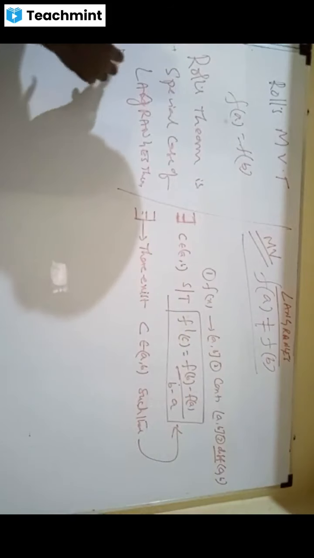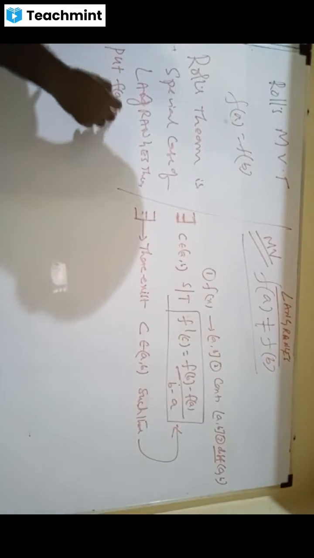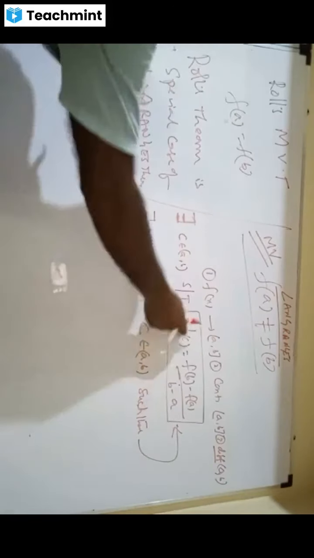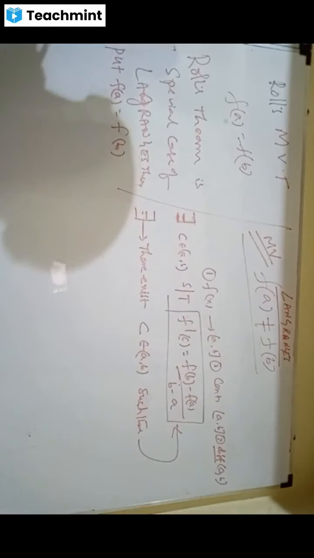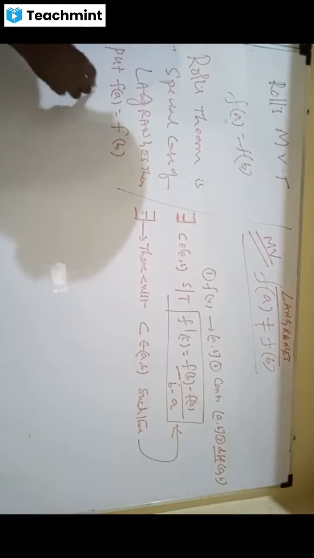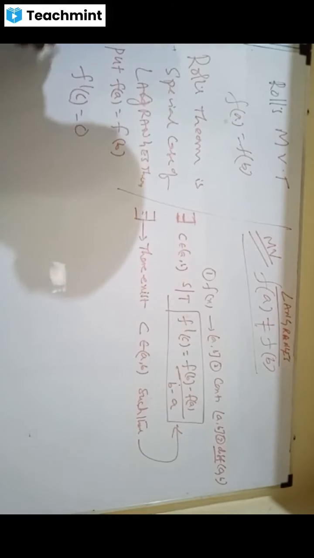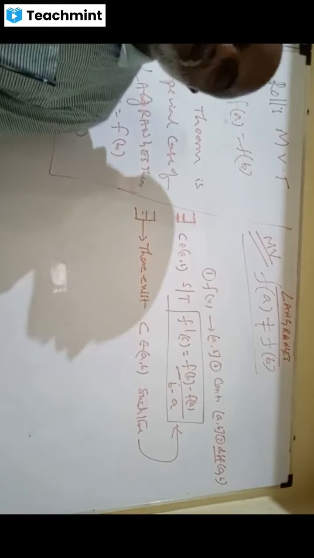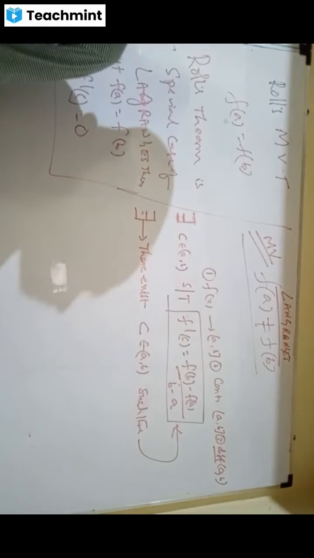Yes or no? Put f of A equal to f of B in Lagrange's theorem. You get f dash C equal to 0 or not? Yes or no? Yes, sir.